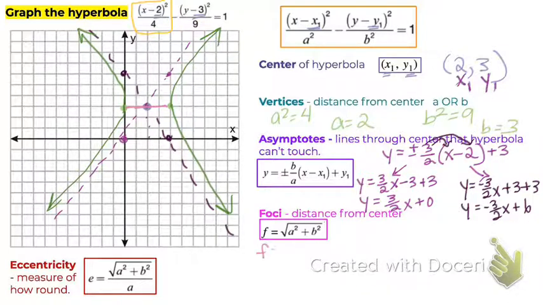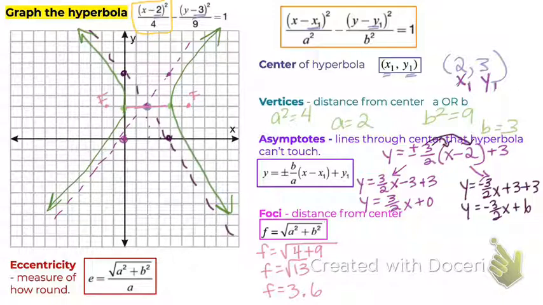So that is the square root of a squared plus b squared, which is 13. And so it's actually the same as the last one. It's 3.6 away from the center. So 1, 2, 3.6 here, and then 1, 2, 3.6 here. So these are our two foci.